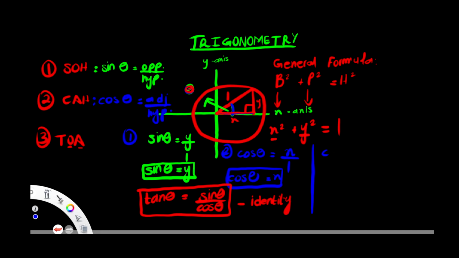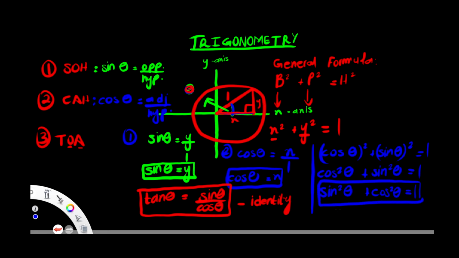So this will become cos theta whole squared plus sine theta whole squared equals 1. So this becomes cos squared theta. Remember, the squared never goes on the angle. It goes to the cos only. So sine squared theta equals 1. Or we can reshuffle this. So this becomes sine squared theta plus cos squared theta equals 1.